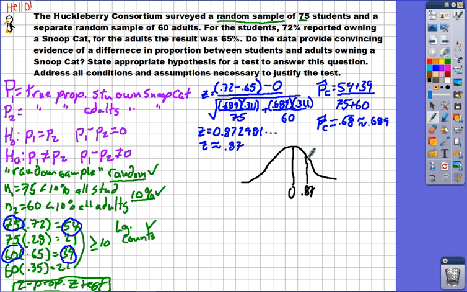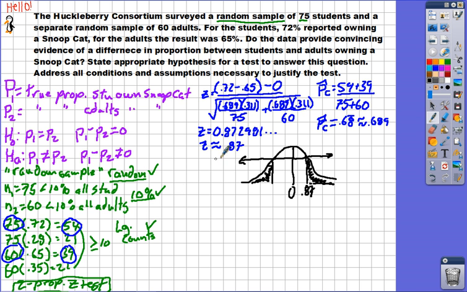It's going to be the value going that way, to the left. And we're really more interested in the value going this way, because that's the direction that we're interested in, the difference. And by the way, this is a two-tailed test, so we're going to end up also getting this side, which will be the exact same amount. That's why we'll just double our answer.